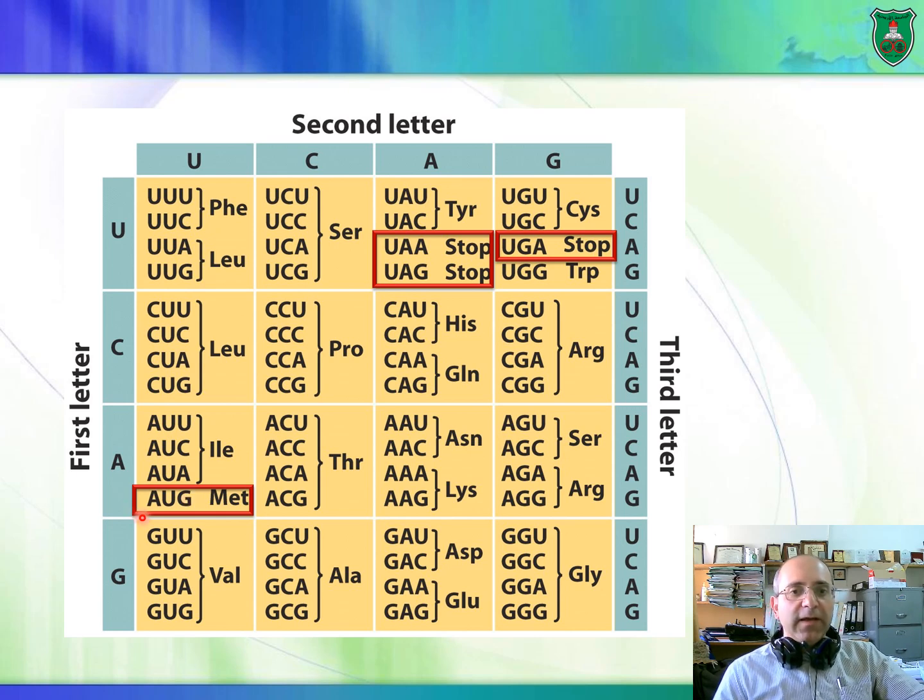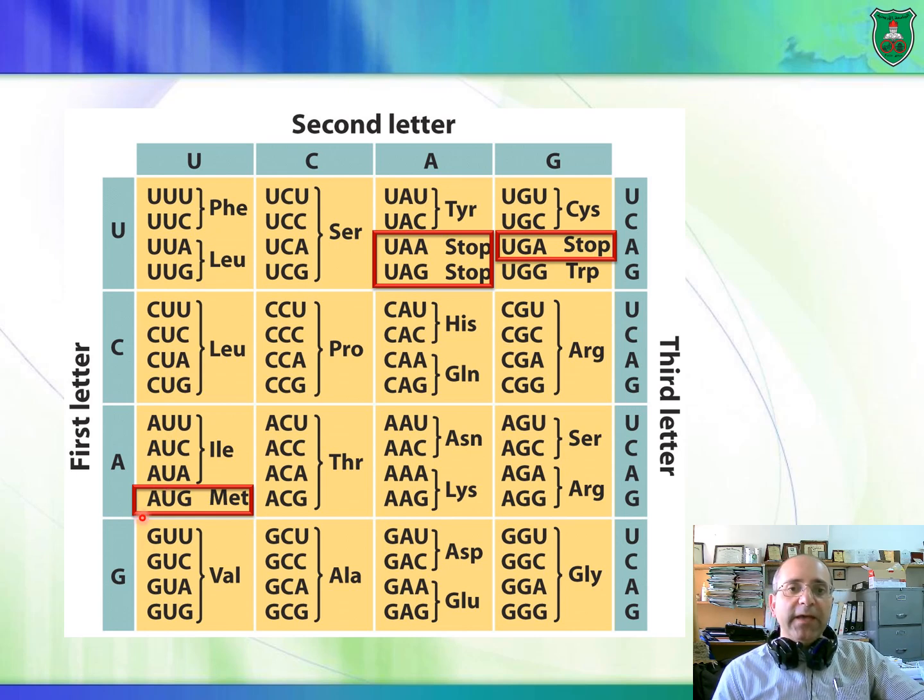And these are AUG, then you have UAA, UAG, and UGA. Now these four codons, you have to memorize them. Now you don't have to memorize any of the other codons, and there are 64 of them, by the way, but you have to memorize these four. Now the reason is that they have functional importance.